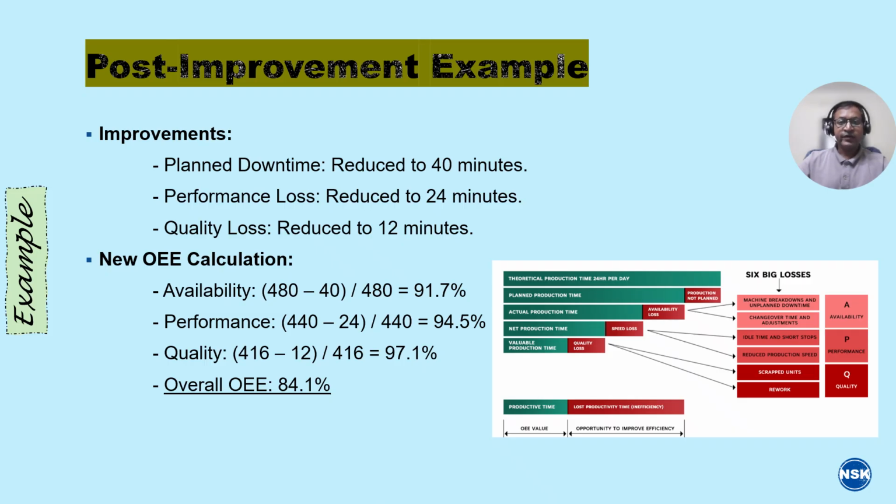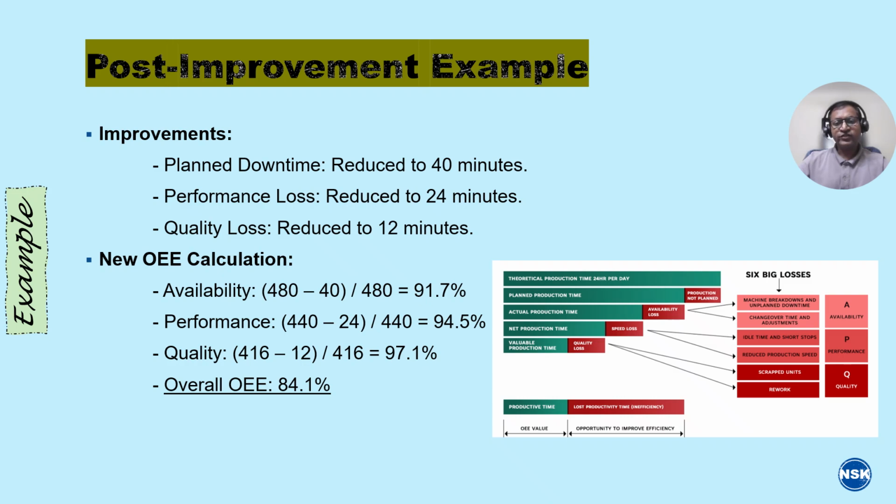Performance loss reduced to 24 minutes by using automated feeding mechanisms, implementing a real-time material tracking system, and optimizing work allocation and process modification. Quality loss reduced to 12 minutes by early defect detection using sensors and employee training programs for quality awareness.